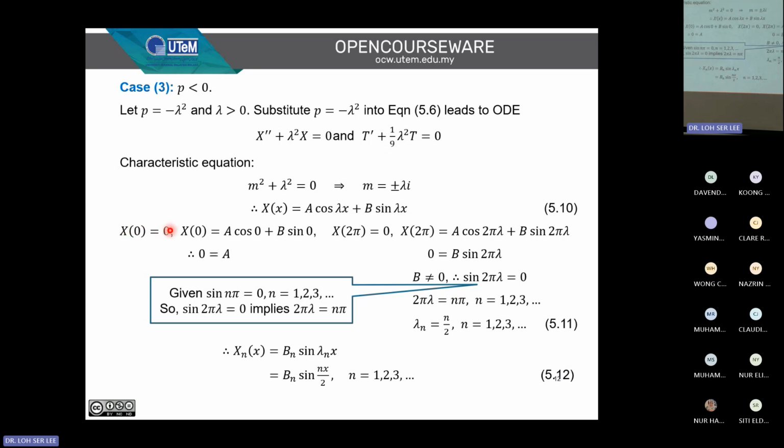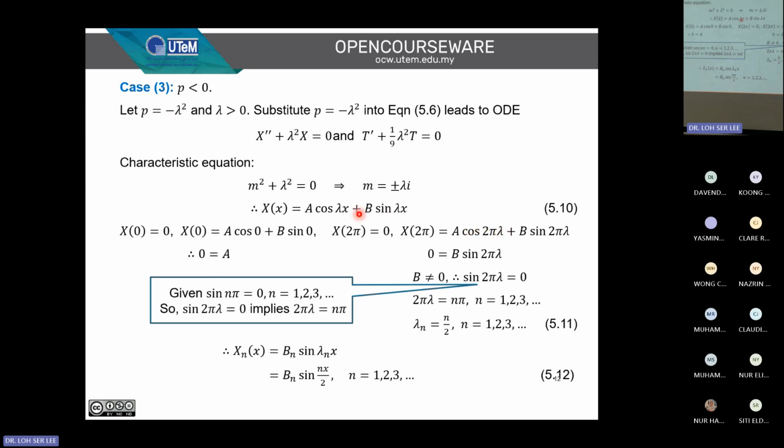From the first one, when x is 0, cos 0 is 1, so you have a. Sine 0 is 0, no more b. So a equals 0. Then from the second condition, when x is 2 pi, you have 2 pi times lambda, 2 pi lambda.